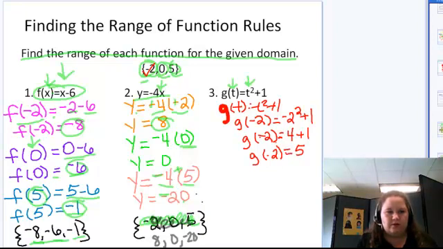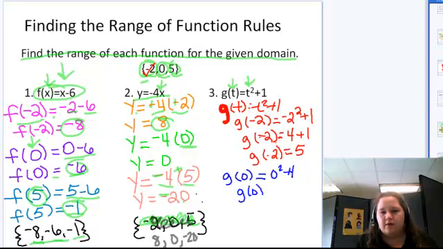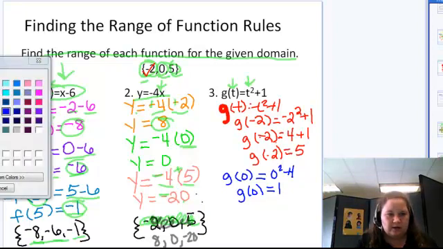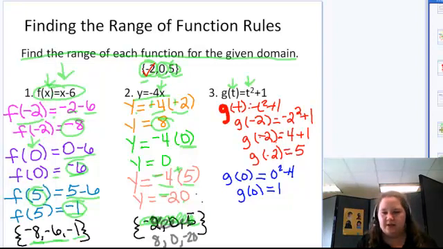Switching colors. Alright, so we're going to do this again with g, and t will now be 0. G of 0 equals 0 squared, which we know is 0, plus 1. So g of 0 equals 1. And lastly, I'm going to go with a dark green this time, because I feel like dark green. I haven't had that on any of my slides yet.